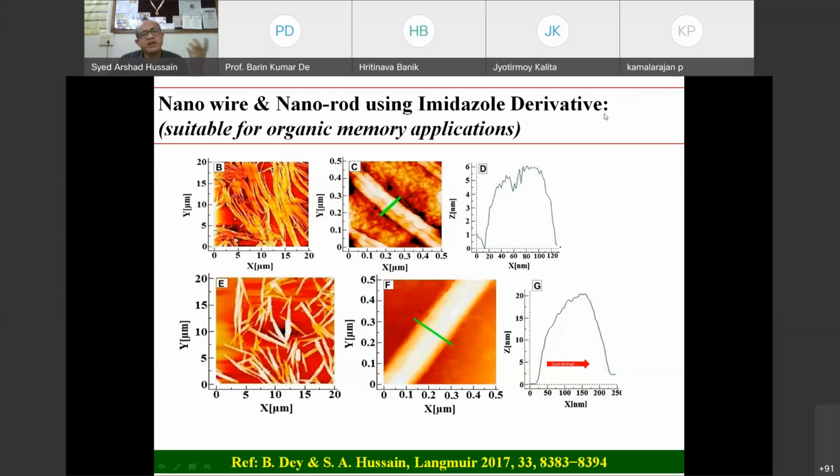It's an organic material prepared by one of my collaborators in chemistry, and we prepared it using the LB technique. You can see this nanowire has a width of the order of 100 nanometers and a height of less than 6 nanometers. Similarly, the nanorod has a height of the order of 20 nanometers and a diameter of more than 200 nanometers.